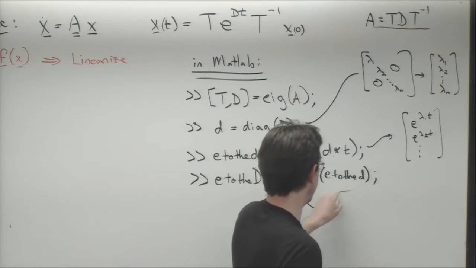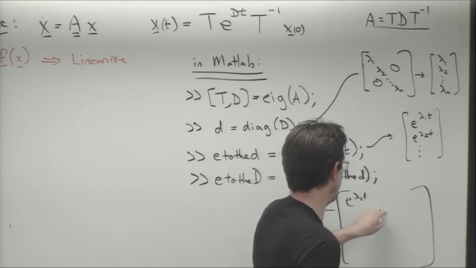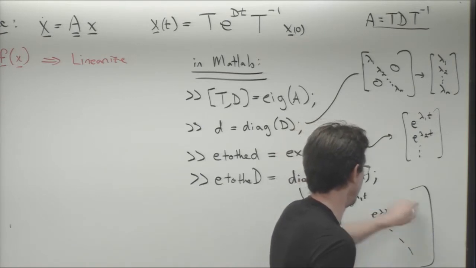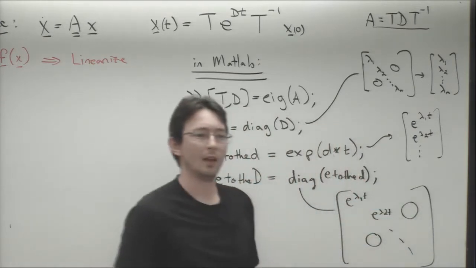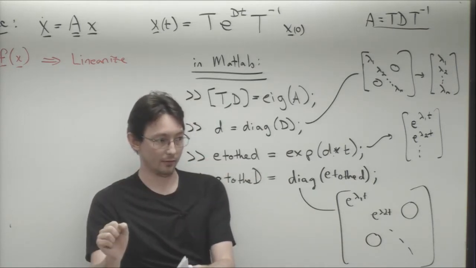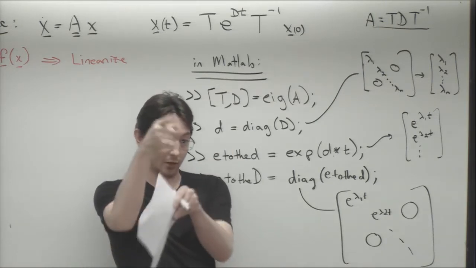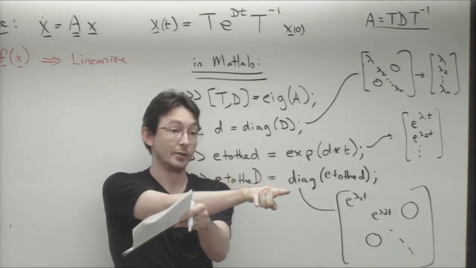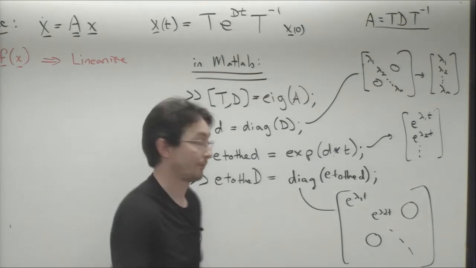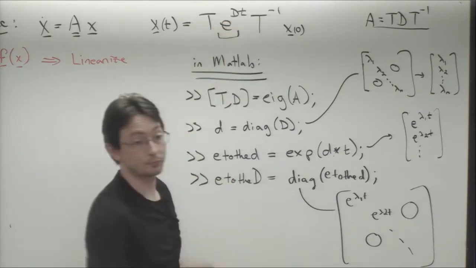So this is going to give me a big matrix e to the lambda 1 t, e to the lambda 2 t, dot, dot, dot, zeros everywhere else. Does that make sense? So diag, if I give it a matrix, pulls out the diagonals into a vector. If I give it a vector, it turns that vector into the diagonal of a new matrix with zeros everywhere else. So these are the 4 commands in MATLAB to actually compute this thing.